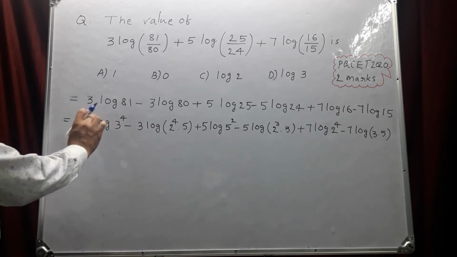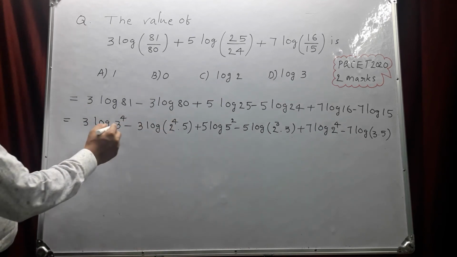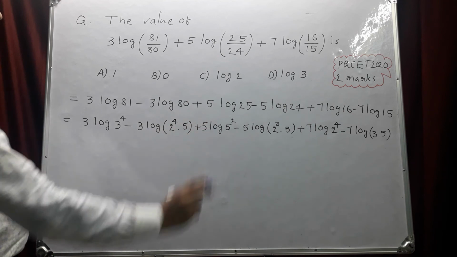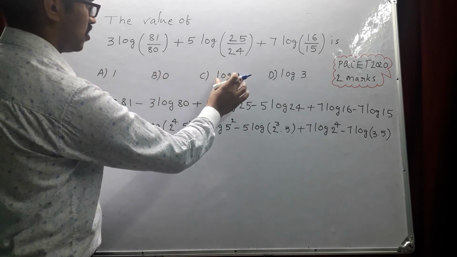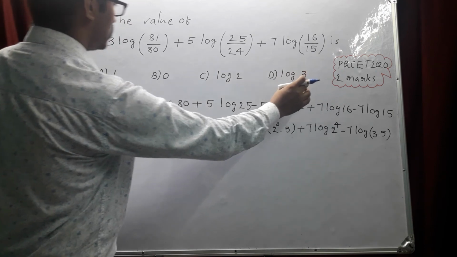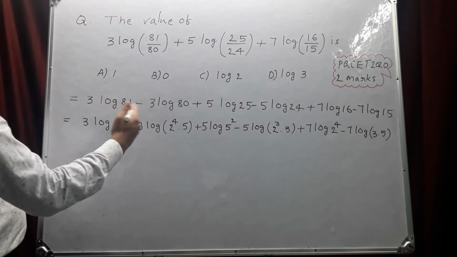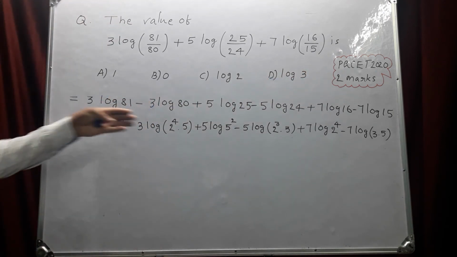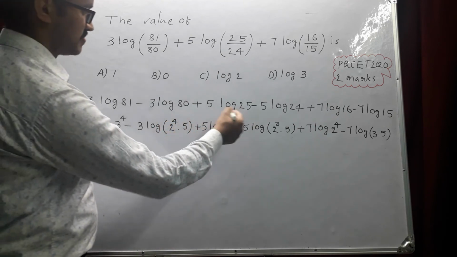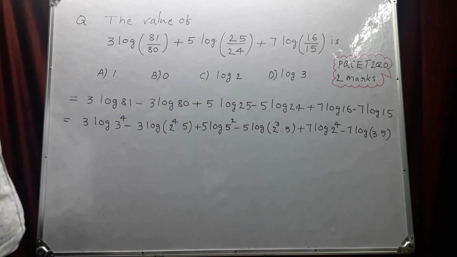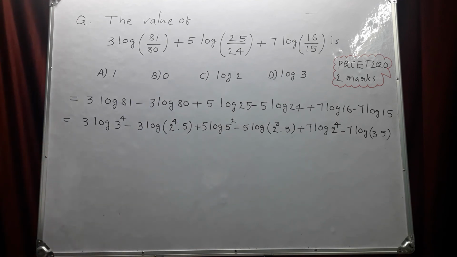So we are converting here in terms of 3, 2 and 5, because if you see the options, we have log 2, log 3, so we are converting in terms of log 2 or log 3, but sometimes we have to convert in terms of log 5 also, because there is no other option.